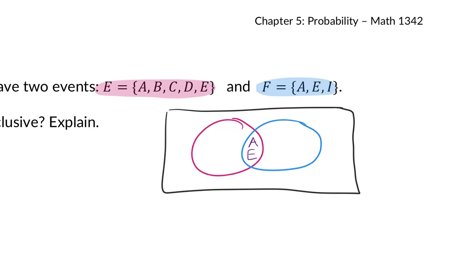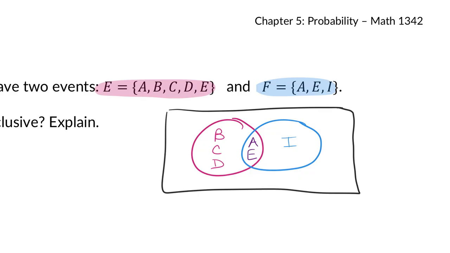So what other letters can go in the pink circle? B, C, and D. Because notice, inside the pink circle totally is still A, B, C, D, and E. What letter can go over here? I. Because then inside the blue circle is still A, E, and I. It's just showing that we have an overlap of A and E.